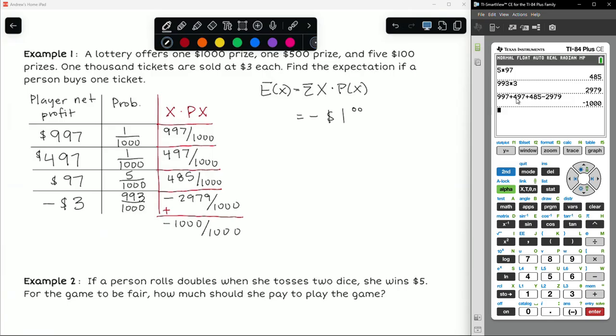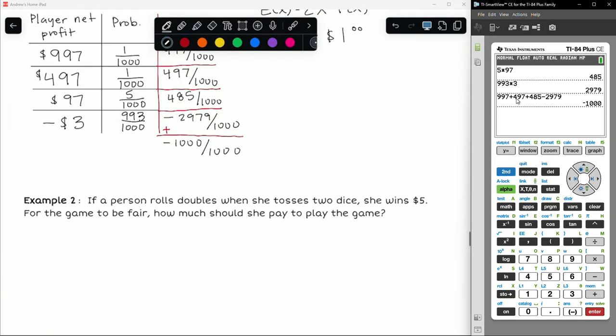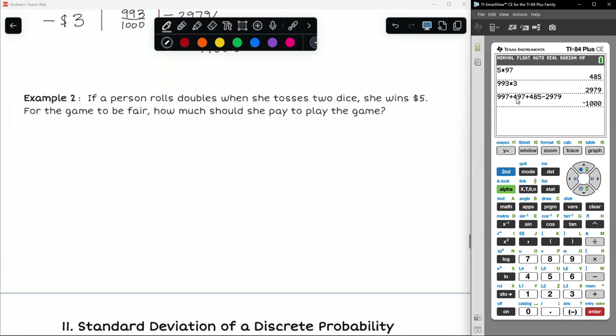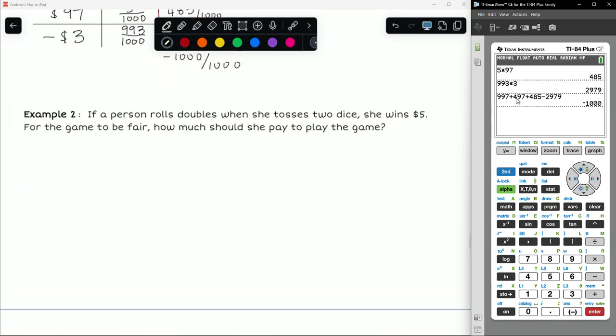Let's go ahead and try another one. Next one says, if a person rolls doubles when she tosses 2 dice, she wins $5. For the game to be fair, how much should she pay to play the game? So we're going to do that same process. I need to set up a table.